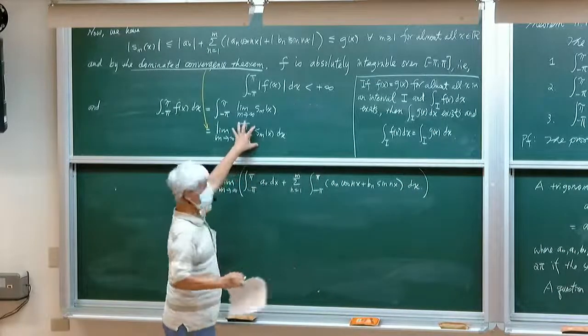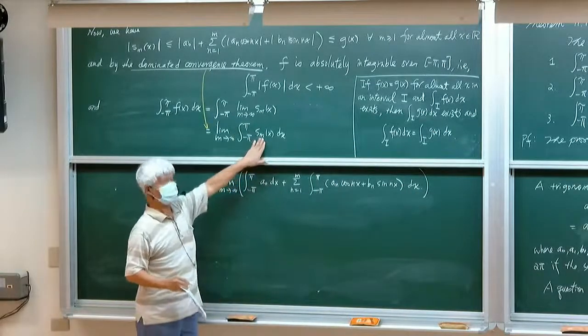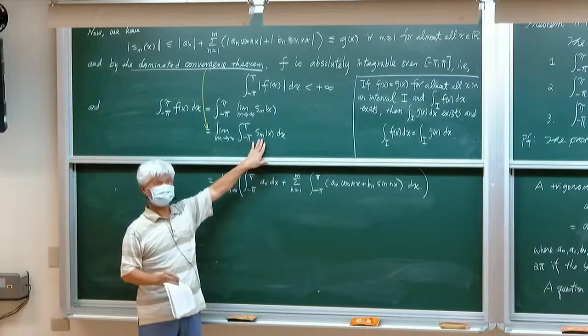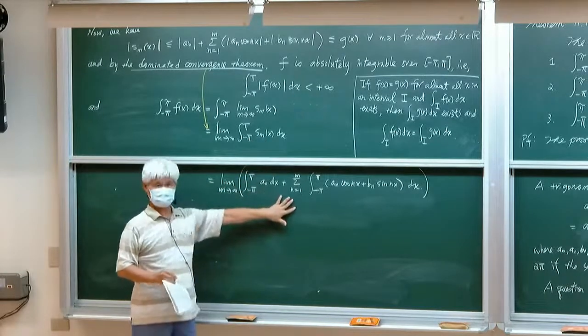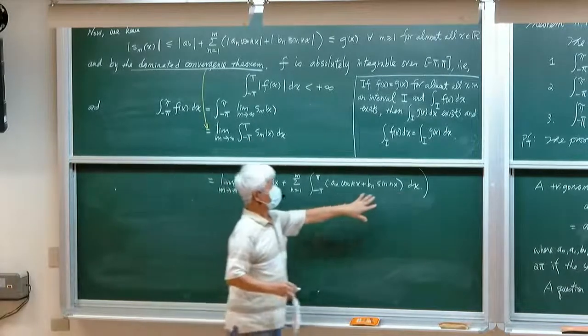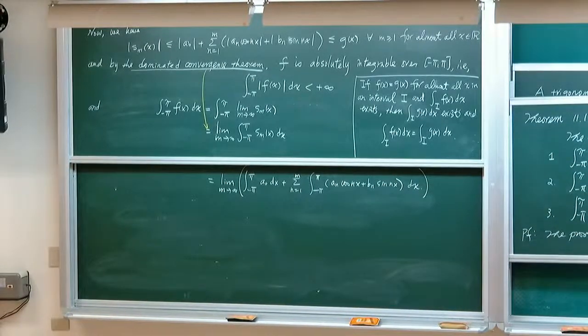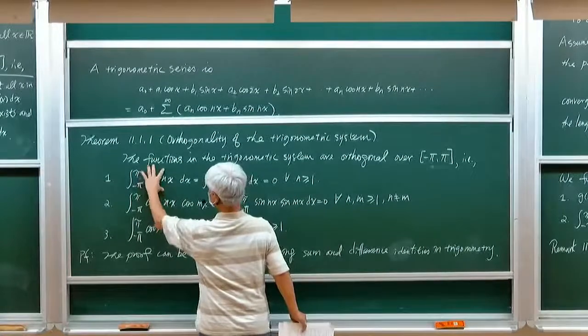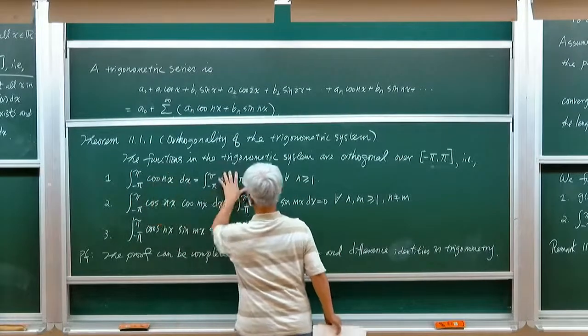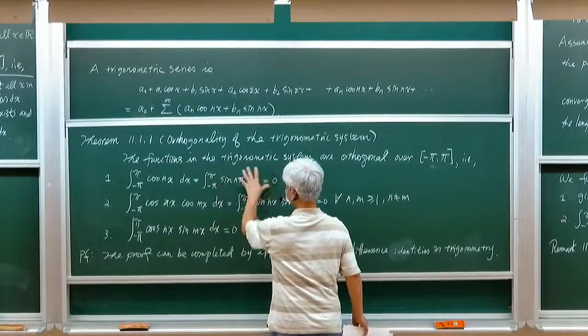All right, so the integral of this continuous function, this partial sum function, is equal to this sum. And from the orthogonality of the trigonometric system, we know that the integral of the cosine function is 0 and the integral of the sine function is 0.